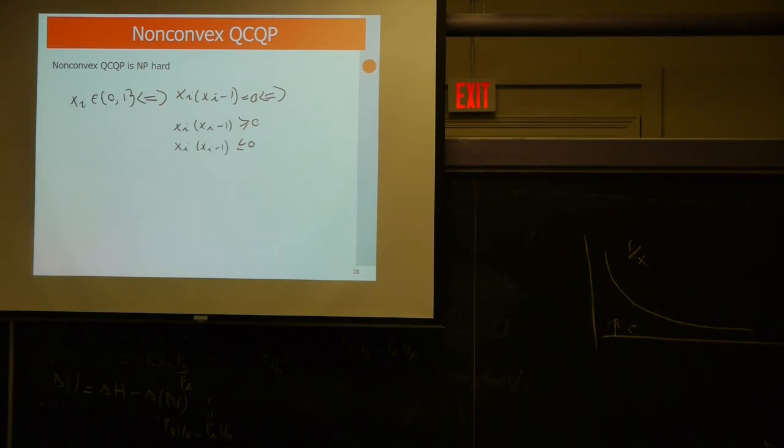And this is a quadratic constraint. So I can rewrite any integer problem as a problem with quadratic constraints, but these quadratic constraints are not convex anymore.